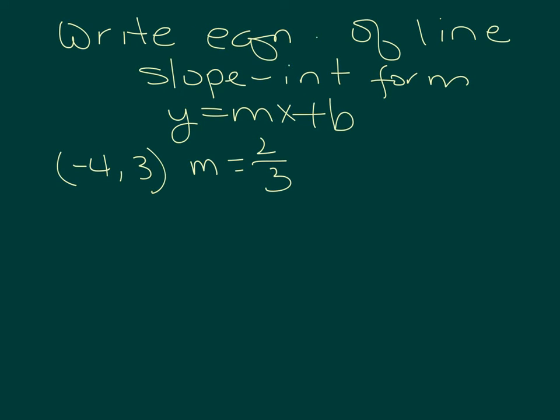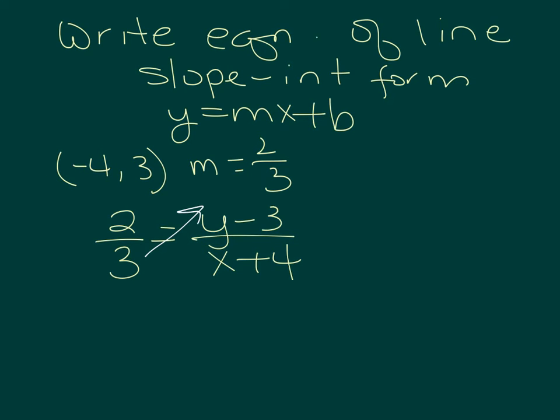So here's the problem that we have. We've been given a point and a slope. So I'm going to plug in 2/3 equals y minus 3 over x plus 4. I'm ready to cross multiply, and I'm going to slope-intercept form, so I'm going to go the direction of y first. So I get 3y minus 9 equals 2x plus 8.